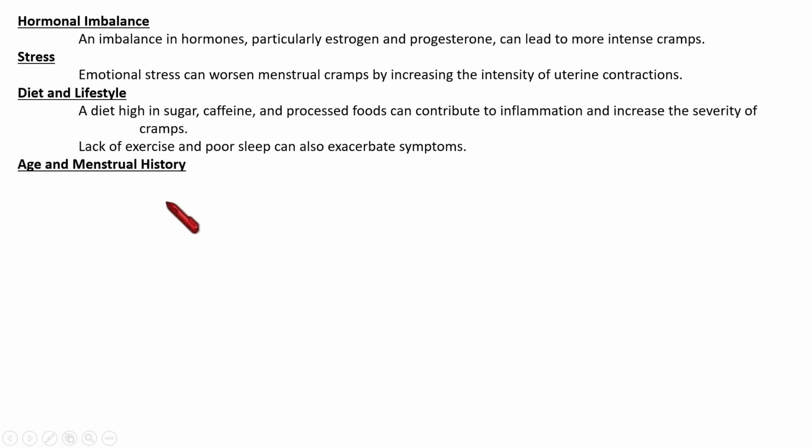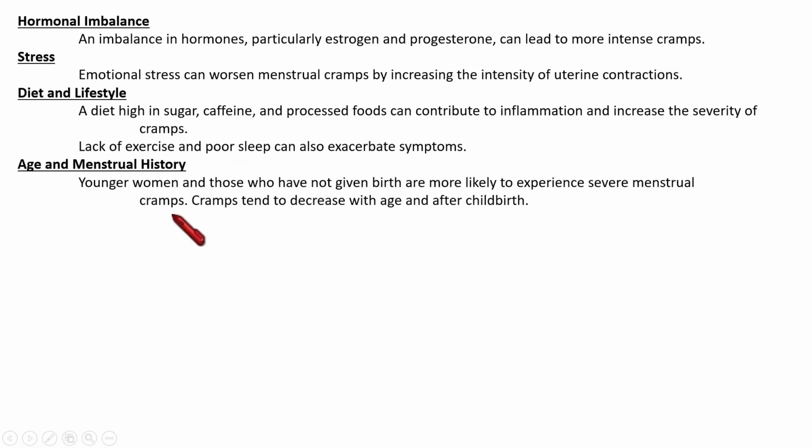Then age and menstrual history. In the case of younger women who have not given birth to a child, it is more common for them to experience severe menstrual cramps. As they age and after they give birth to a child, the cramps will decrease. So age and menstrual history also have some role.